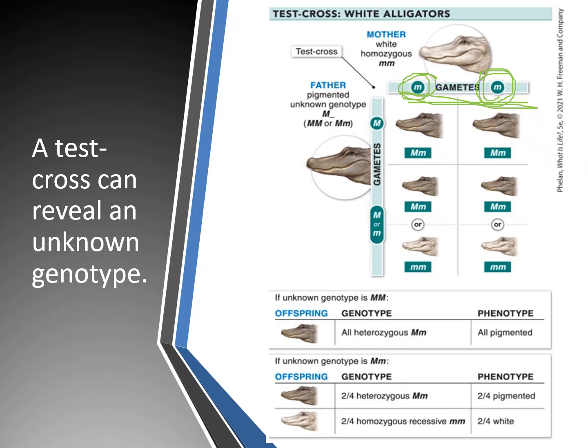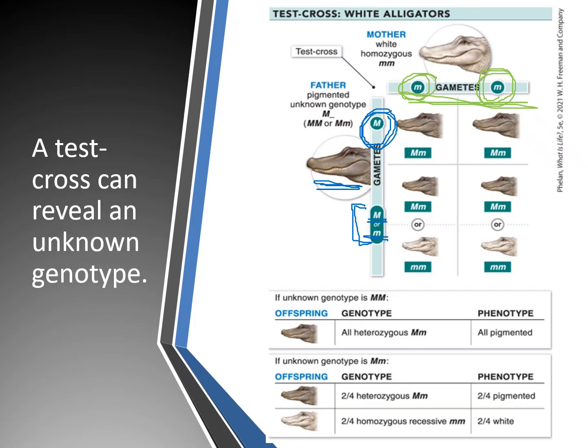The dad is the one that we are not quite sure what his genotype is. All we know is he is normal pigmented. That means he has to have one dominant allele for sure. What we don't know is what his second allele is. Is he homozygous dominant, or is he heterozygous and a carrier for the recessive condition?